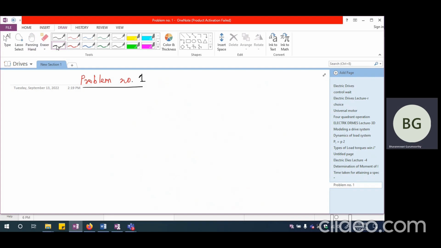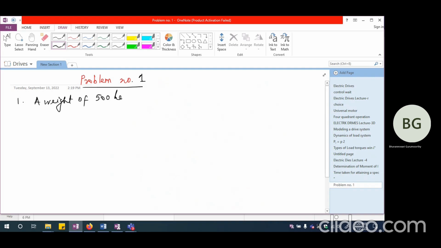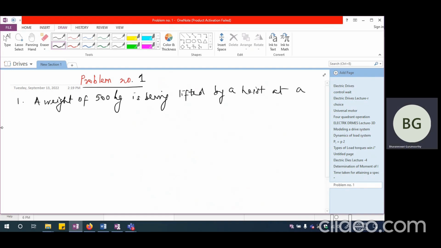So the problem statement goes as follows. A weight of 500 kg is being lifted by a hoist at a speed of 1.5 meters per second.